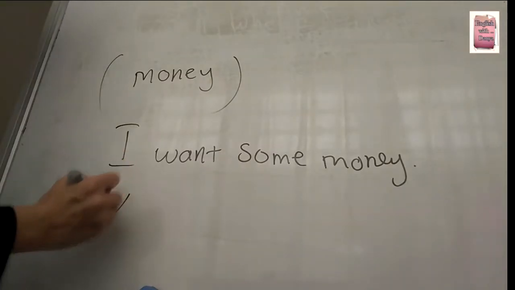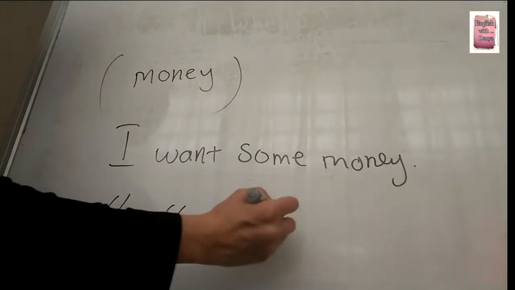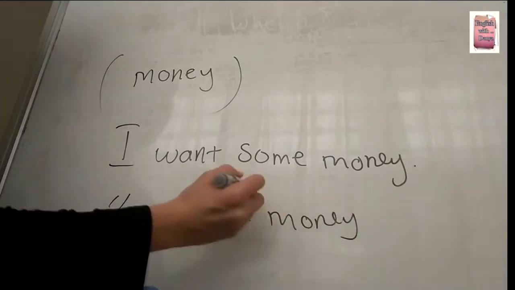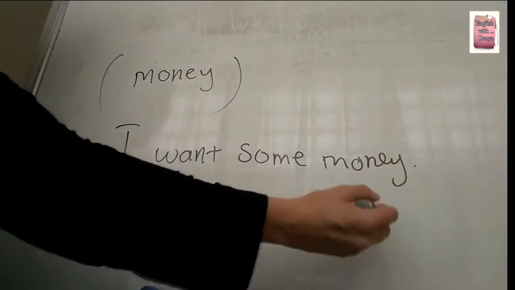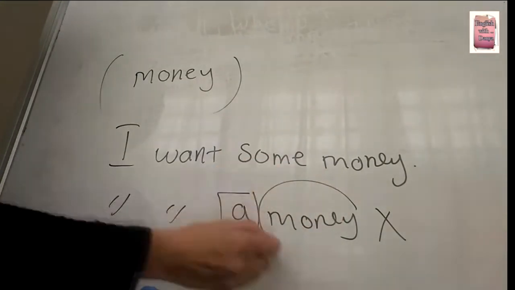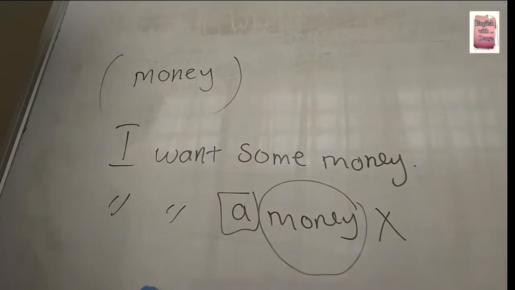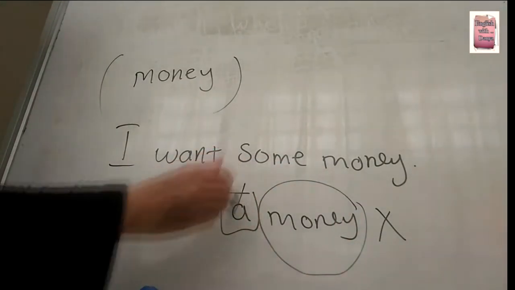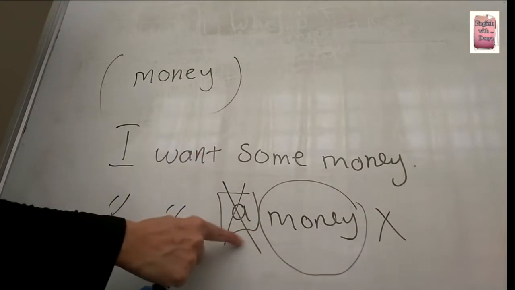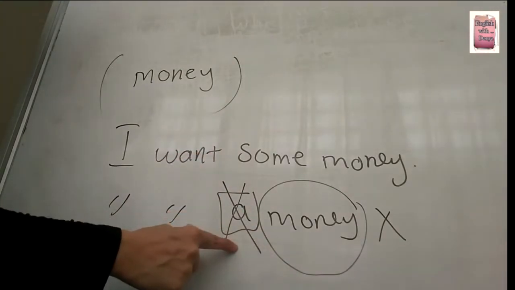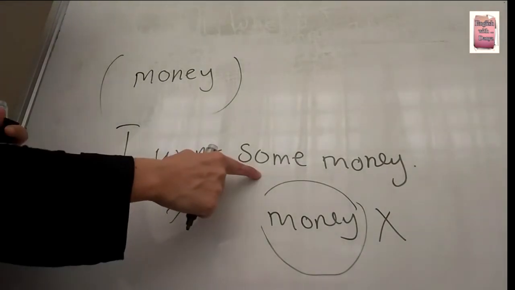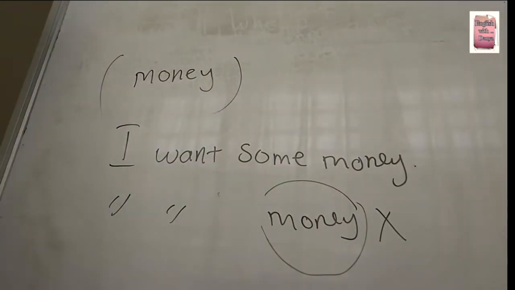So we don't say I want money. This is wrong. Why wrong? Because money is uncountable, and because of that, we can't use it. So what do we use? We can use some money. So you just need to be careful with that.